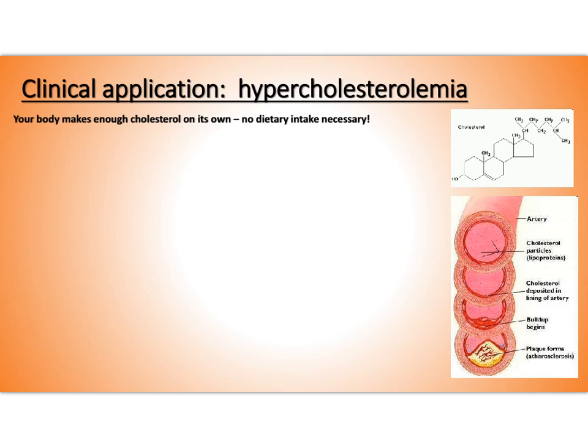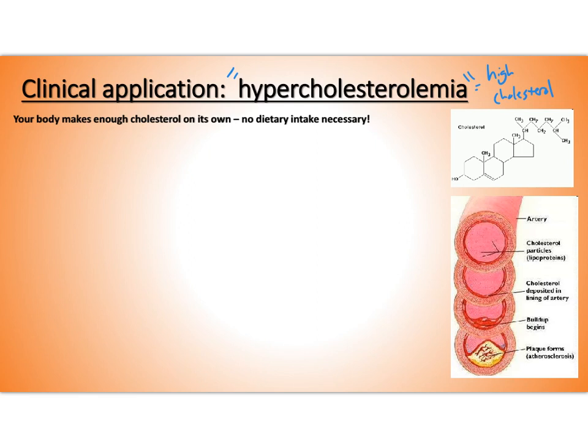Now, the clinical application that we want to look at when it comes to lipids has to do with cholesterol. So here's a really big mouthful, right? Hypercholesterolemia. But what this means is high cholesterol. Now, after high blood pressure, high cholesterol is one of the most commonly diagnosed conditions in American adults.